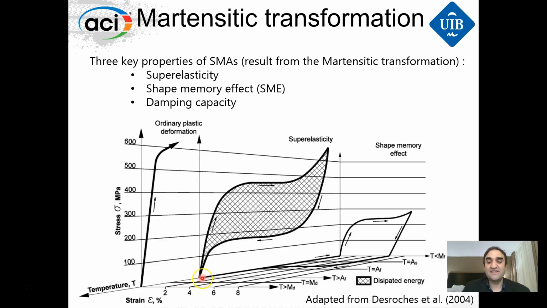Superelasticity is the ability that some shape memory alloys have to go through large non-linear strains, maybe up to 6 or 8% in a lot of cases, and then to go back when unloaded until 0 strain.